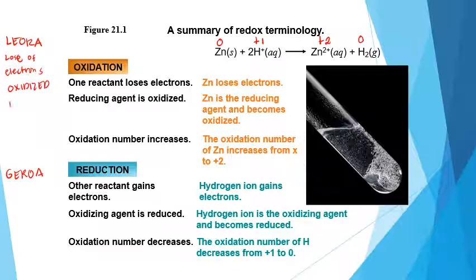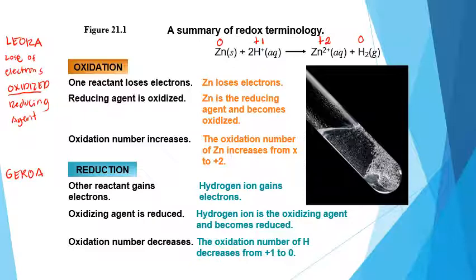Therefore, it is a reducing agent. Okay, do not forget, when a substance loses electrons, meaning there is an increase in oxidation number, it is oxidized. When the substance is oxidized, that is the substance that is the reducing agent.